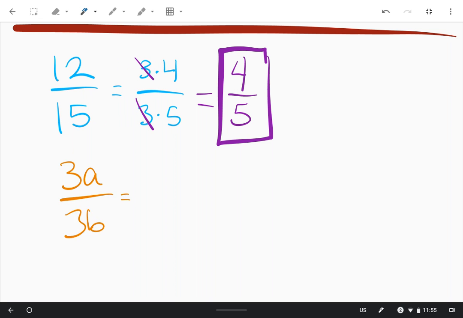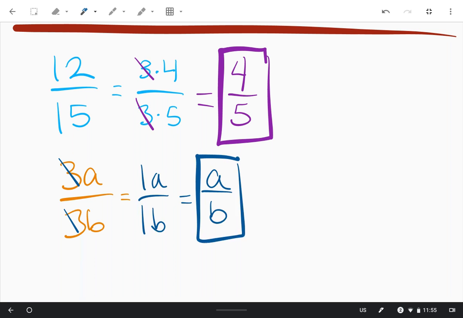Well, in this example, there are not two of the same. So the 3's would cancel out completely, leaving me with 1a over 1b, which the most simple way to put would be a over b. Again, that's very much like number 2 in your problem. I'm going to put those numbers right here. Number 1, number 2.